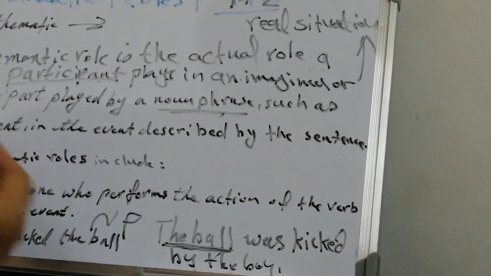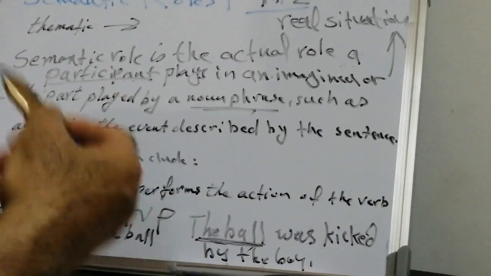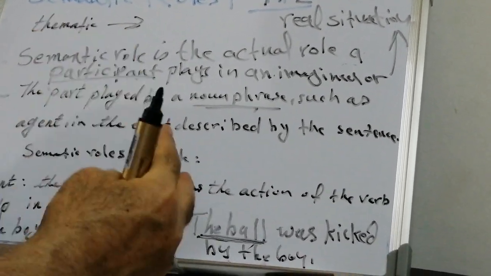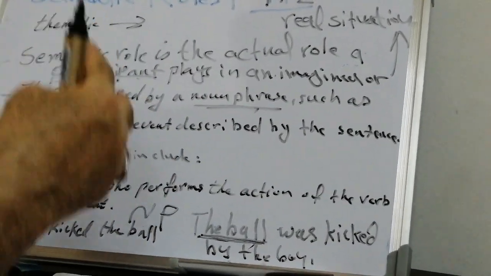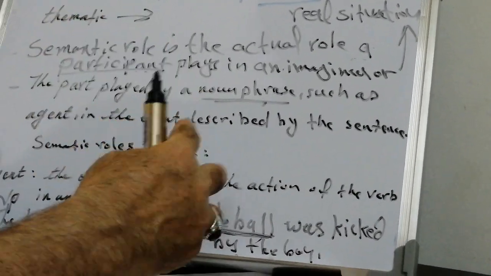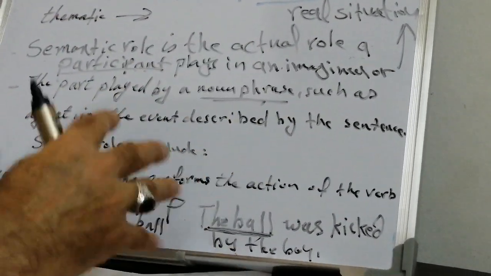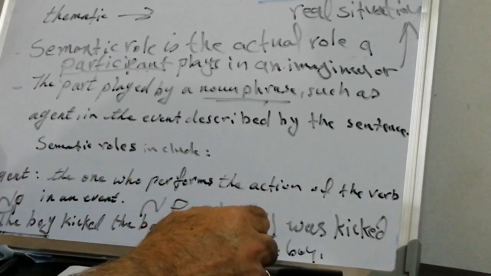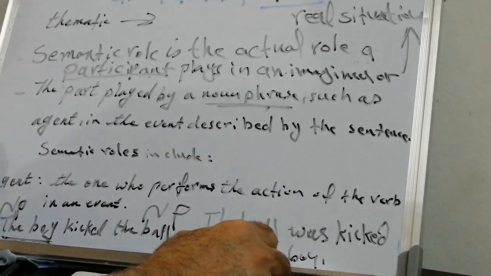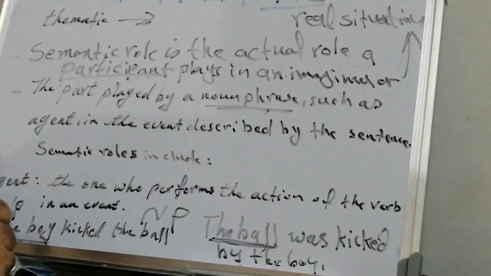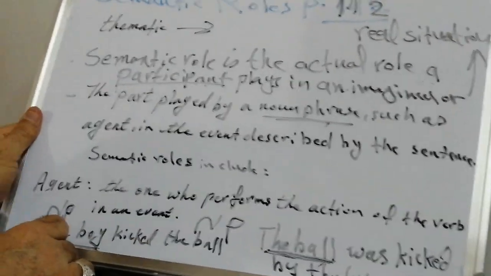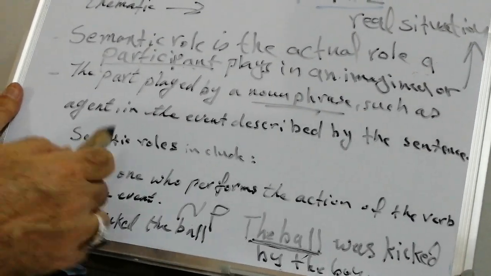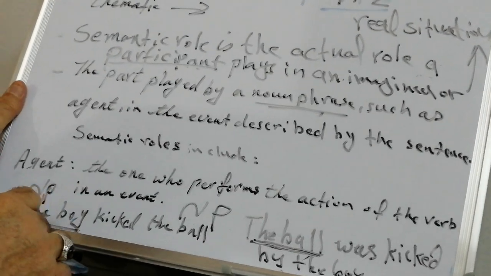So the semantic role of the NP or the participant does not change when we move that participant, that agent, to another place. It changes its syntactic position, its syntactic role, but it does not change its semantic role. The boy in the first sentence is the subject of the sentence. That is the grammatical function of the NP the boy.